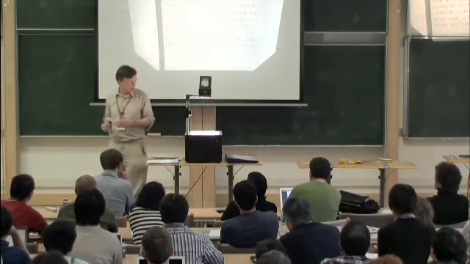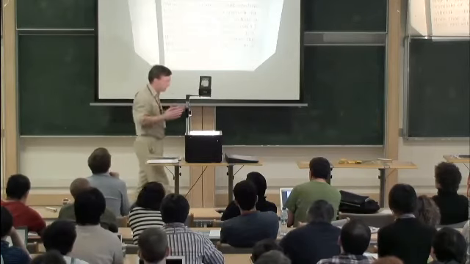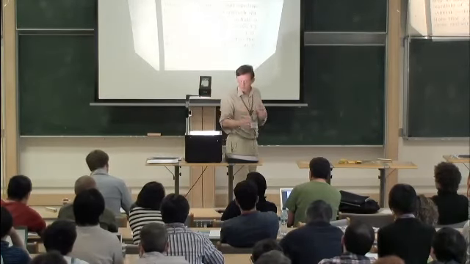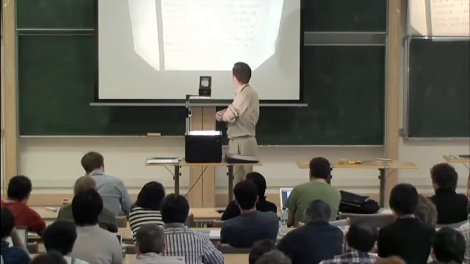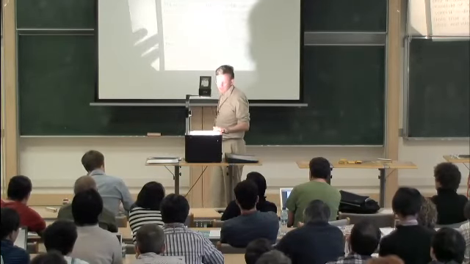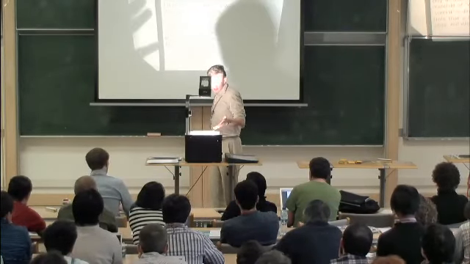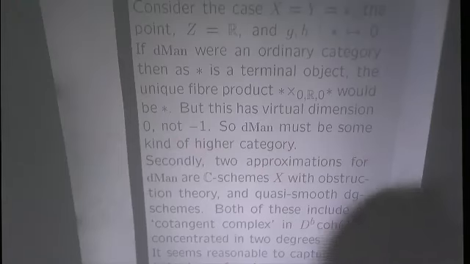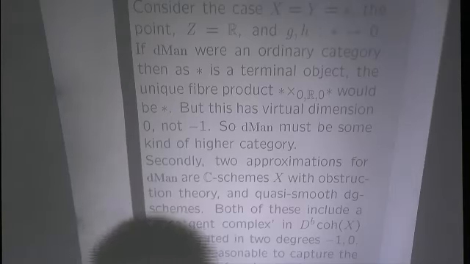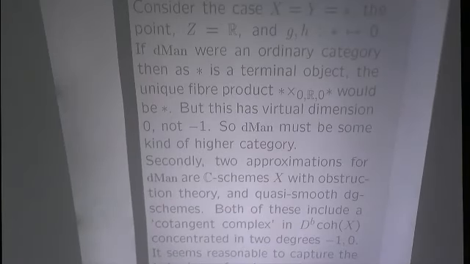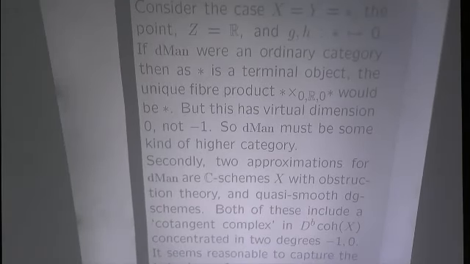So locally, you can write it as a morphism between two vector bundles, a vector bundle E-1 into E0, after equivalence. It seems reasonable, I claim at least, that you should be able to capture the behaviour of such complexes in a 2-category, because there are two degrees going on here.